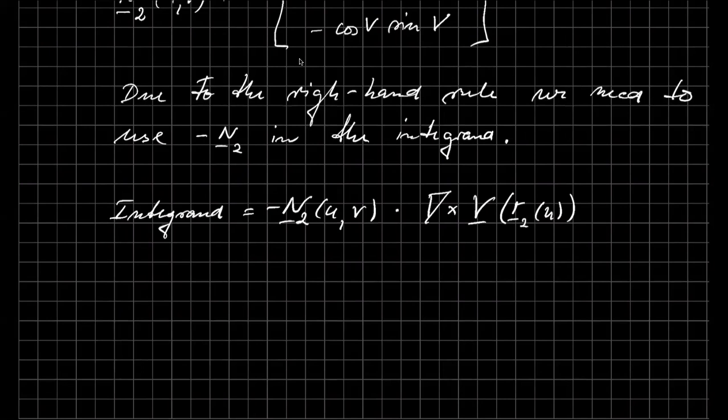And when you compute this, you get 2 sine squared of v times sine of u minus cosine of u, and then finally plus cosine v sine v.